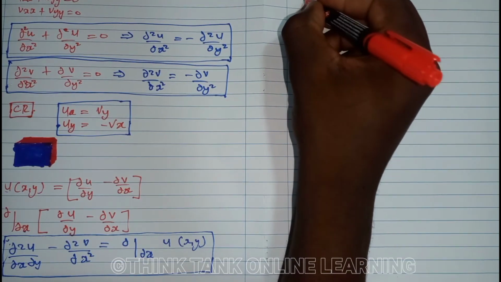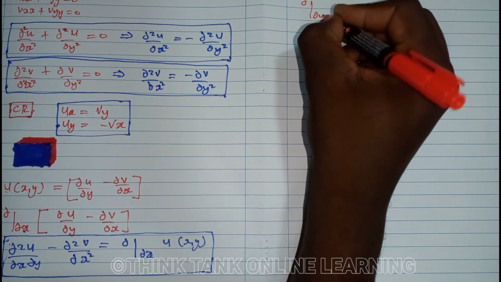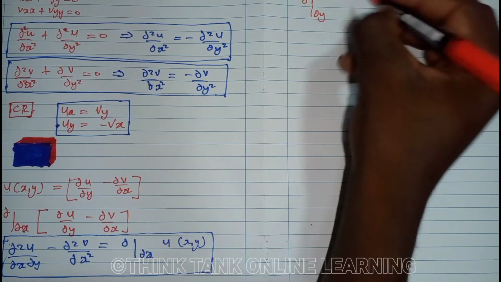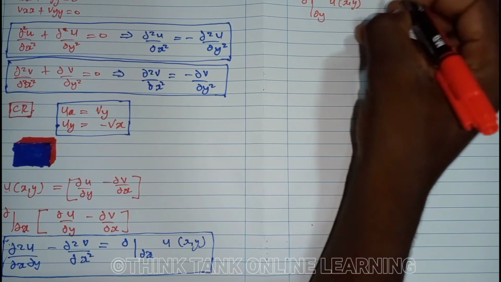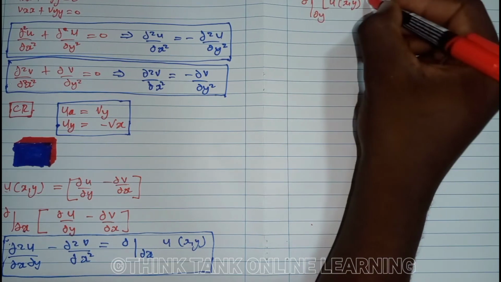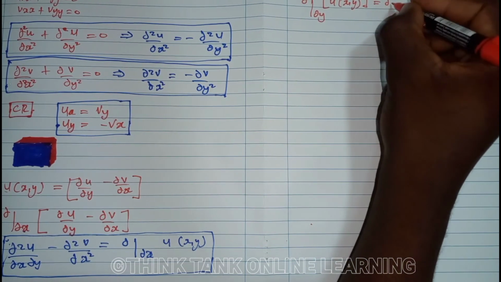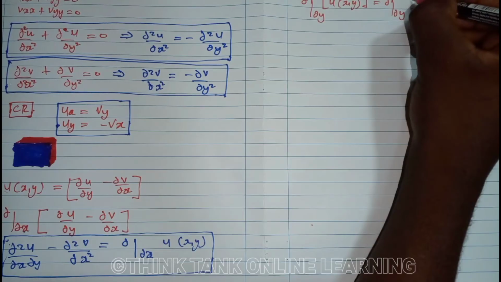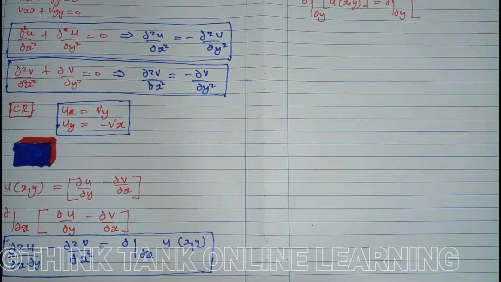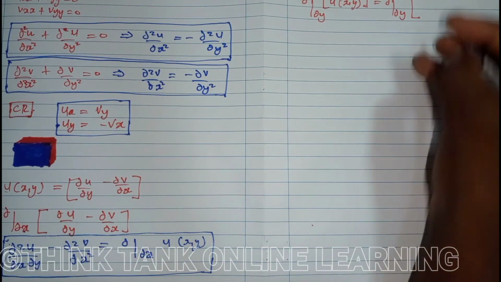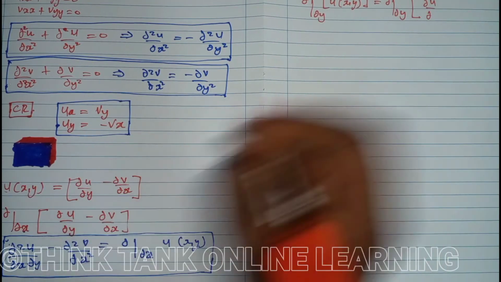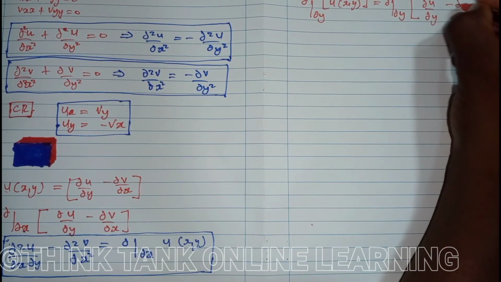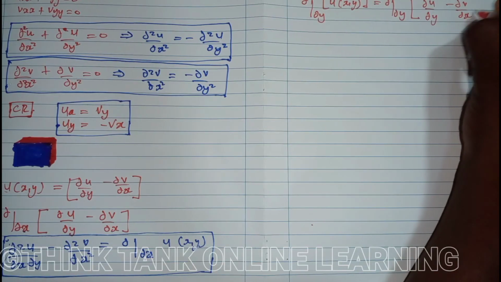Now I'm moving to the partial derivative with respect to y of u(x, y), which is the partial y of partial u partial y minus partial v partial x.